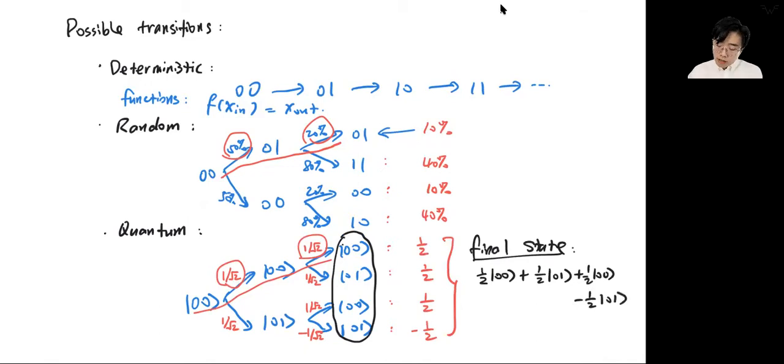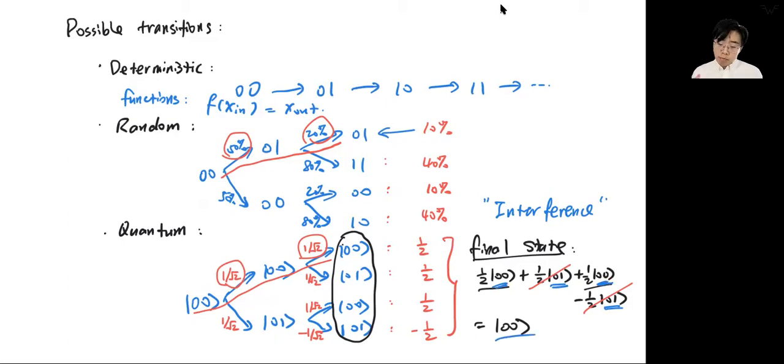As you can see, now we have the 01 terms canceling each other because of the negative sign. The 00 terms add up to 1 times 00. This is what we call interference, because as you can see, some of the states interfered destructively and they cancel out. Other states interfered constructively, so they add up.